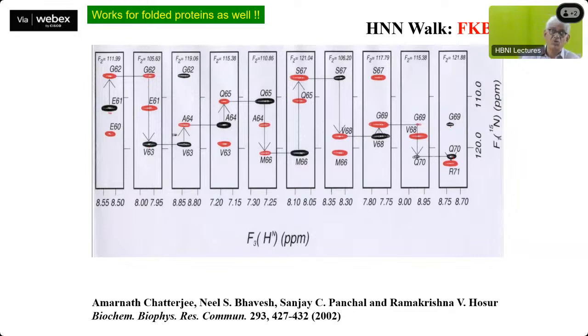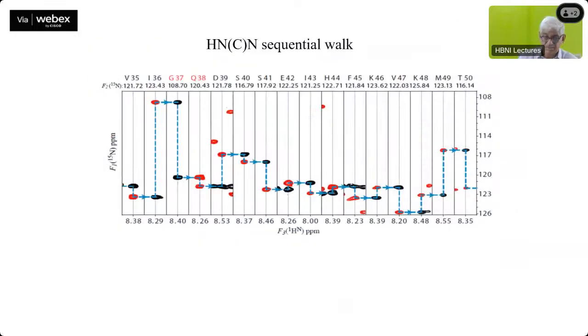When you are walking through the polypeptide chain, you must hit the right peak pattern at the residue numbers whenever there are the G. Similarly, this is another example where you can walk through the HNCN pulse sequence. HNCN pulse is this chain which is going from 35 to 50, the long chain shown there.